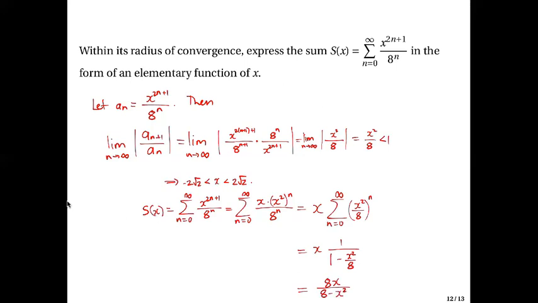So again, this is our s of x, provided that our x is between negative 2 square root of 2 and positive 2 square root of 2. So let's just put that: x in between negative 2 square root of 2 and 2 square root of 2.